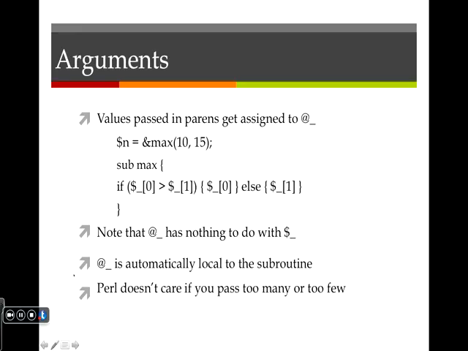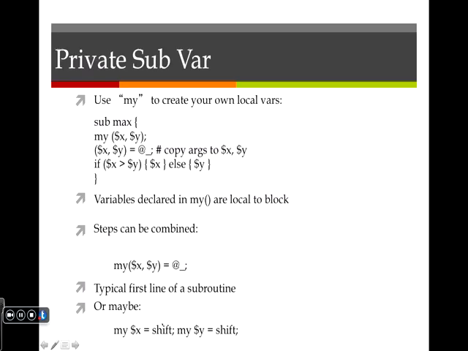Even if I use recursion, where I call this one inside itself, each call will have a different array specifically for that subroutine. So really the number of arguments doesn't matter for Perl. It doesn't care even if you send less. If you send less, the missing ones will be considered as undefined.